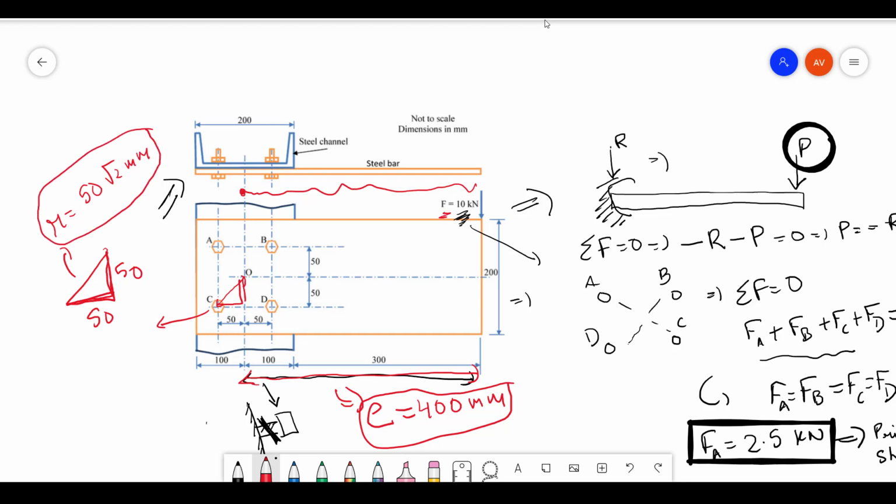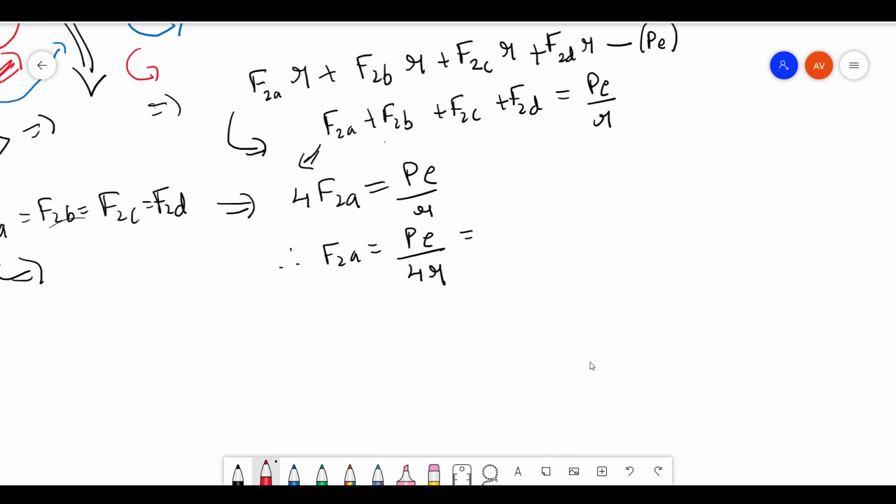Your P is 10 kilonewton. And let's use this value. So what do you get here? 10 kilonewton into eccentricity 400 by 4 into 50 root 2, which will turn out to be roughly 14.142 kilonewton.